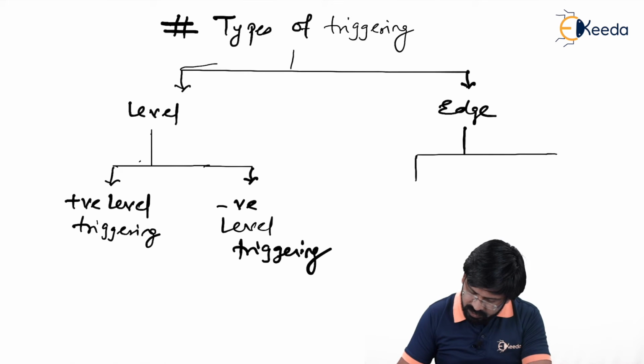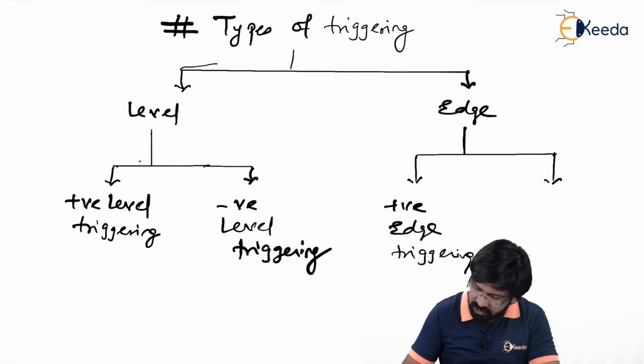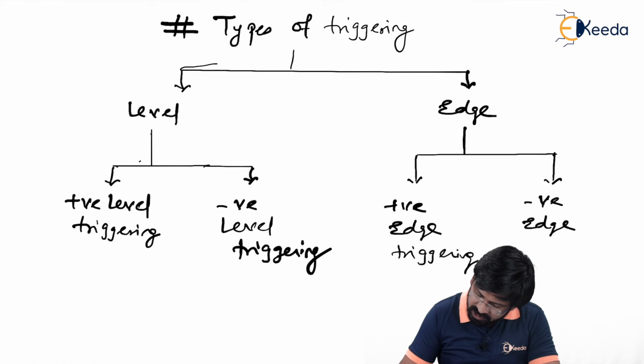The one is called positive edge triggering, the other one is called negative edge triggering, where positive edge triggering is also called rising edge triggering and negative edge triggering is also called falling edge triggering.